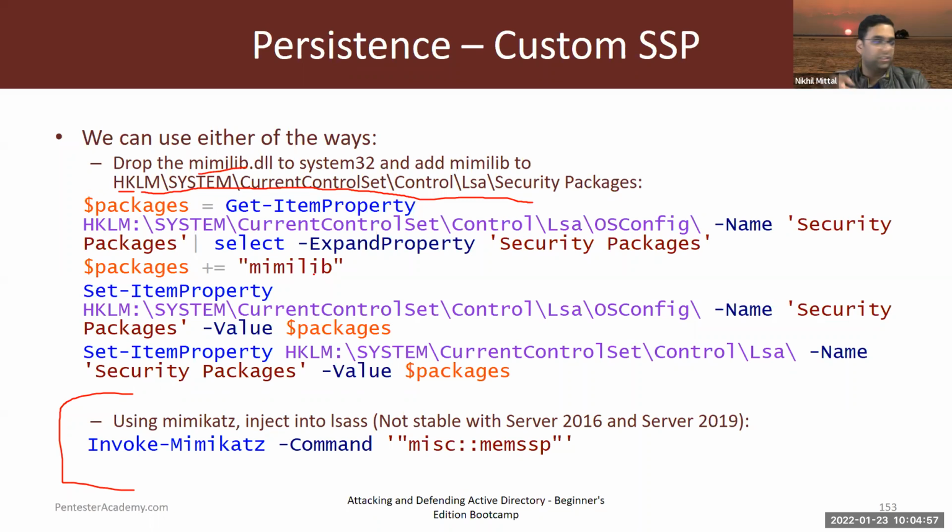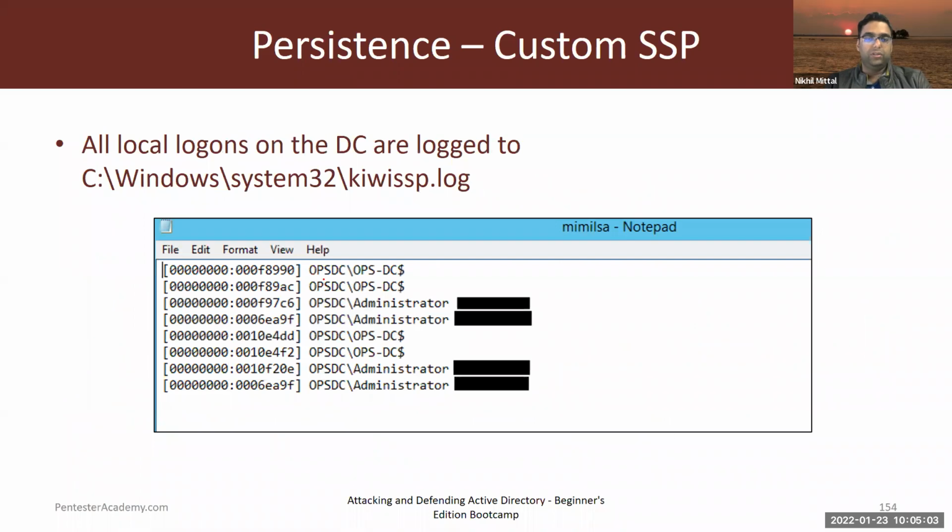You need not reboot the server or anything else at all, and it will start logging all the local logons in clear text in this log file in the system32 directory. So that is how this can be used. There is a very interesting use case of this one. If you add your own custom SSP, this bypasses or avoids Credential Guard absolutely.